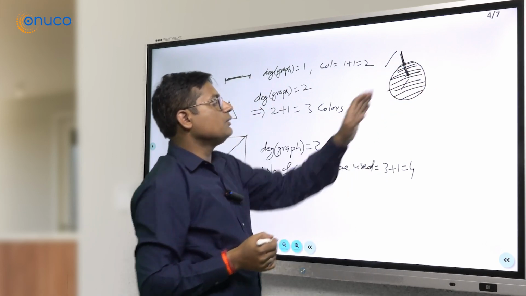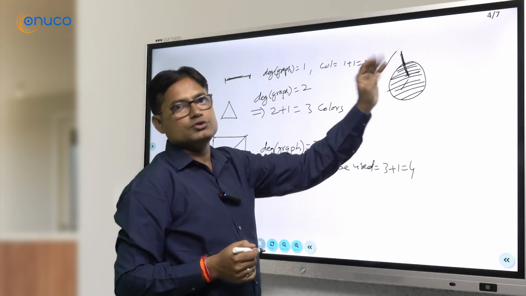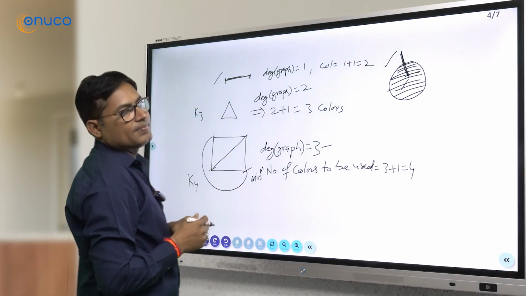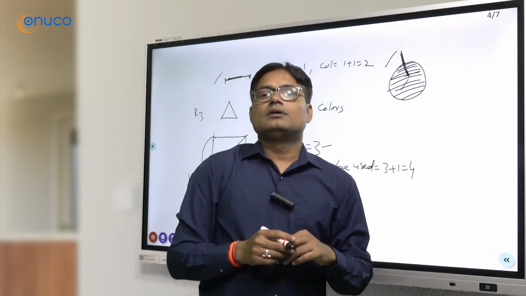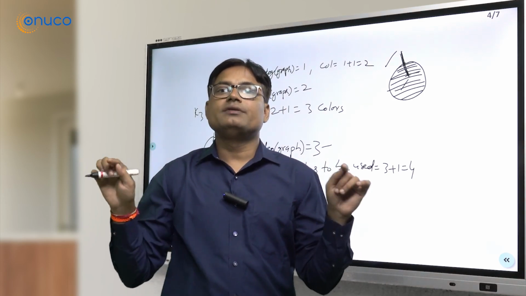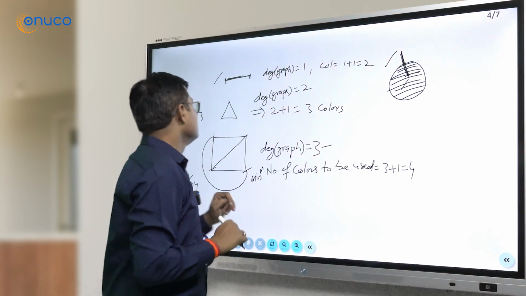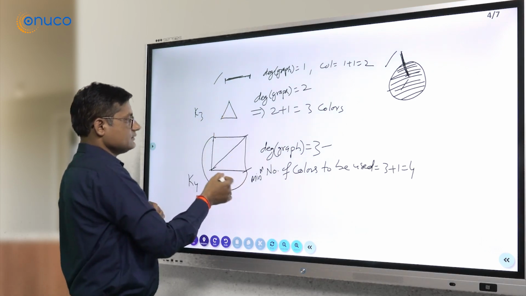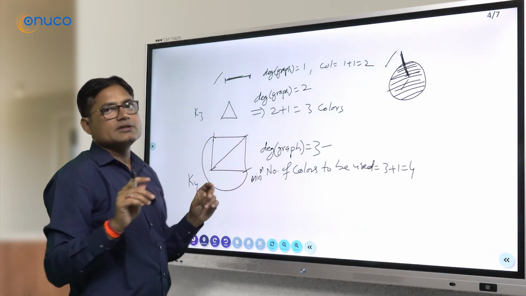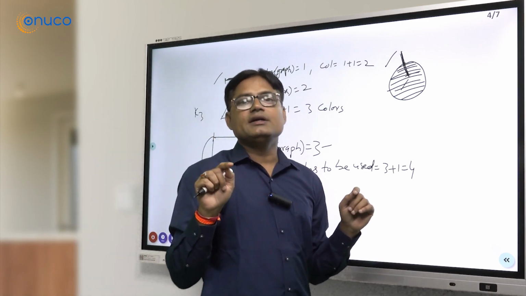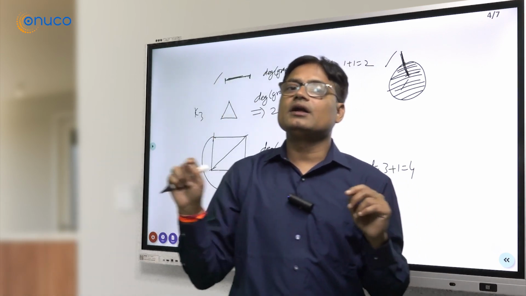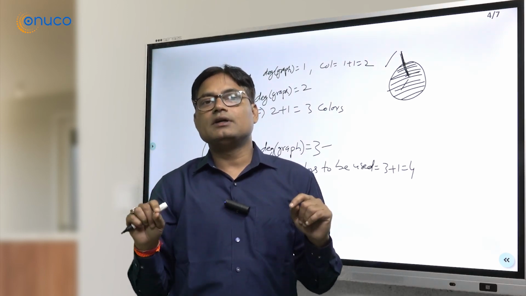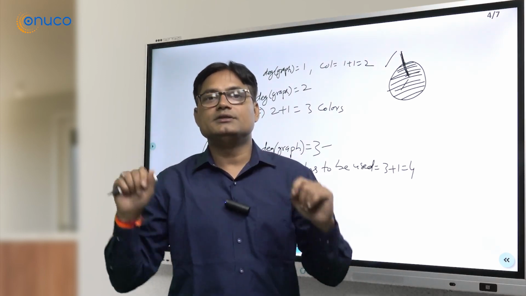How many colors are required? Outside one, inside one, so 2 colors. That is why this straight line represents connectivity, an edge connected between two different regions. Similarly, this edge is connected between 3 different regions. So don't consider that a vertex or node is an ordinary graph vertex. Each and every vertex represents a region.